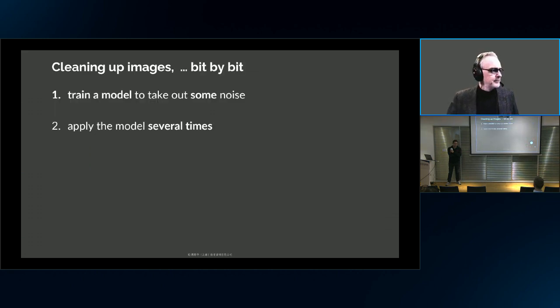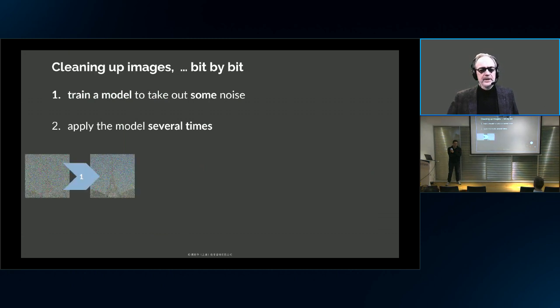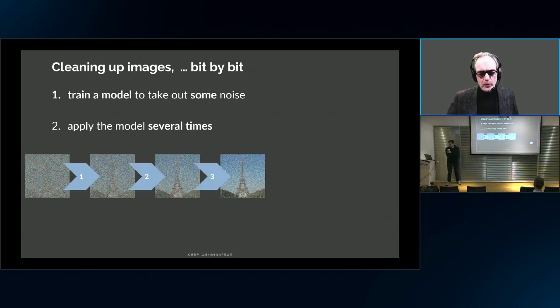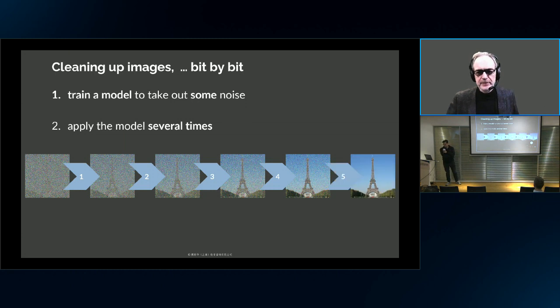And one of the key aspects of text-to-image systems is a model that is trained to take an image with some noise and take a little noise out of it. Those models are trained on millions and millions of images.